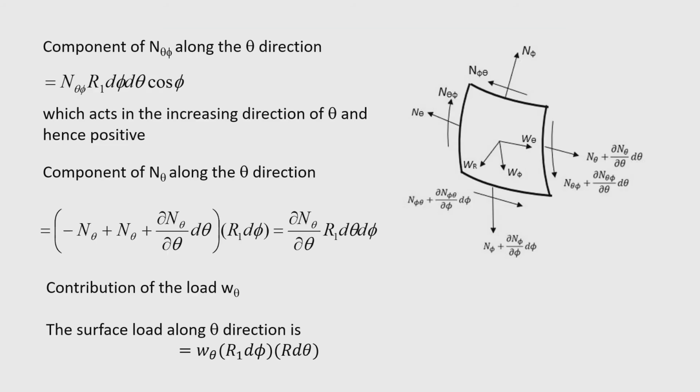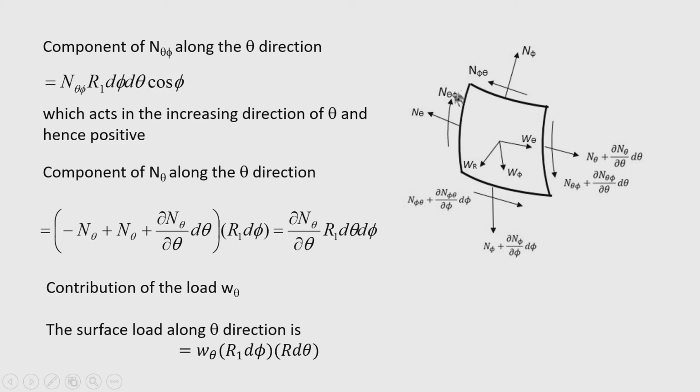Okay. Component of n theta phi along the theta direction. So, n theta phi is acting here, and on the opposite edges you are seeing that the increment is given: n theta phi plus del n theta phi by del theta into d theta.